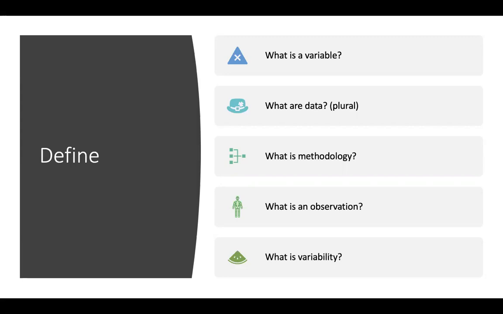Variability is how much change there is, or how many different types of answers there are to a particular question. If you look at height, there's not a lot of variability in height. Most people are about the same height. You don't see very many 1-foot people walking around. You don't see very many 10-foot people walking around. And so the average woman's height is 5'4".